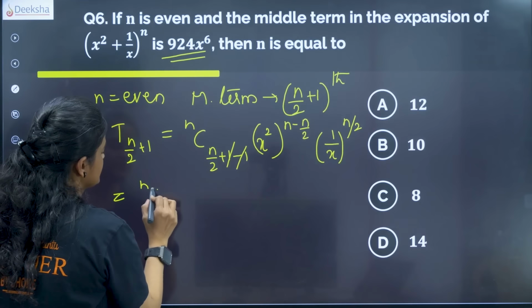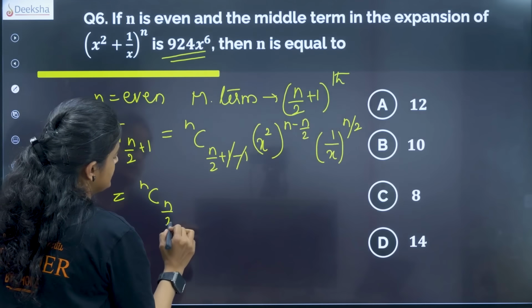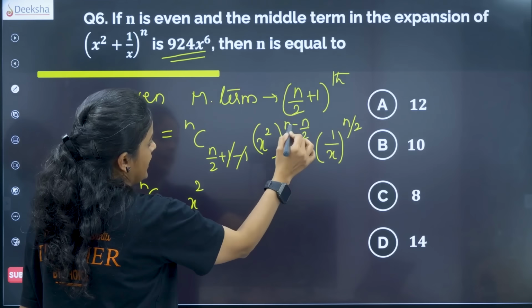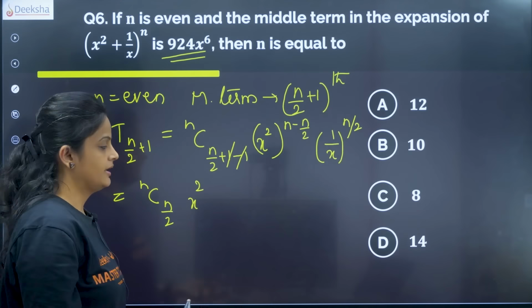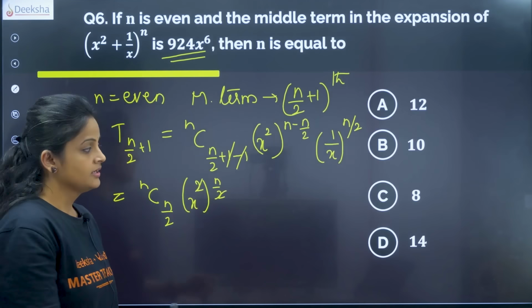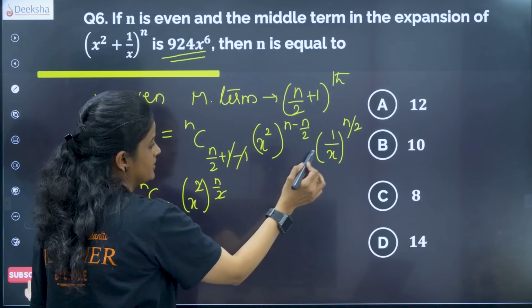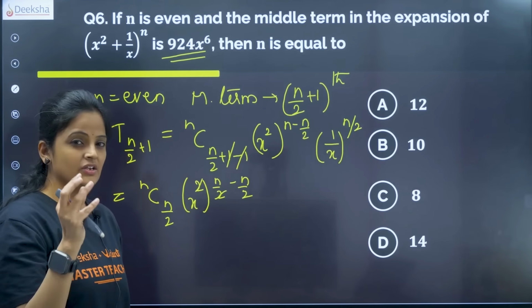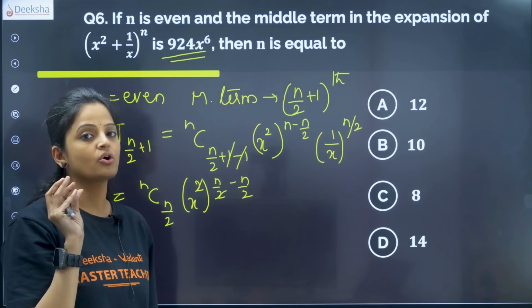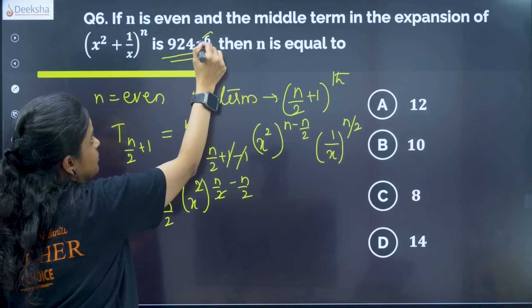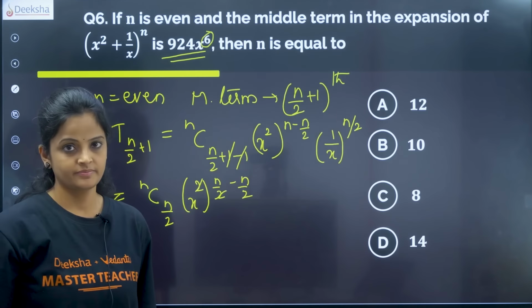First simplify this. n by 2, and here I have n minus n by 2 which will give you again n by 2, and 2 will get cancelled. This x I am taking to the numerator, so that will be minus n by 2, correct? If you simplify only that power of x, only the power of x, that is sufficient because I can equate that to 6, right?